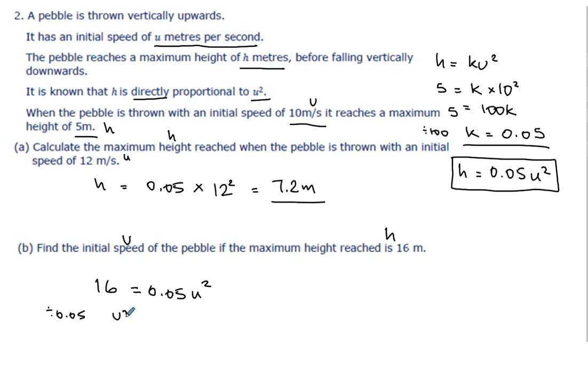So u squared equals 16 divided by 0.05, which is 320. And now if we square root it, u is equal to 17.9 meters per second.